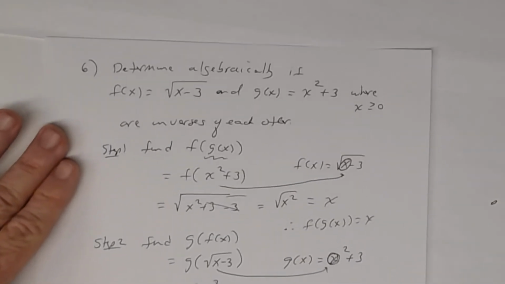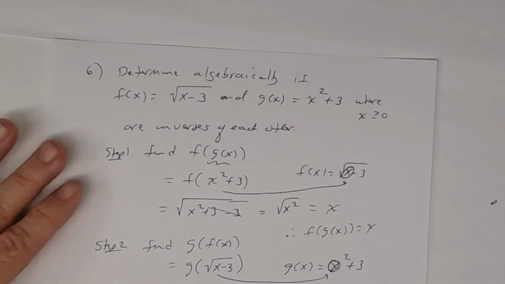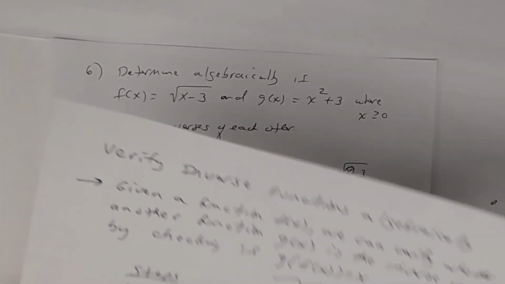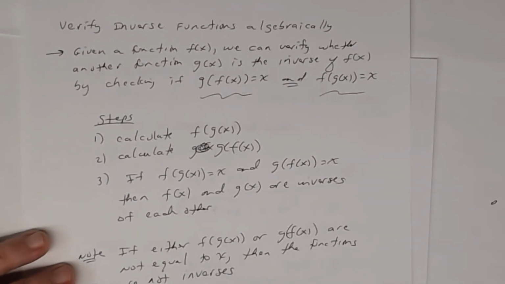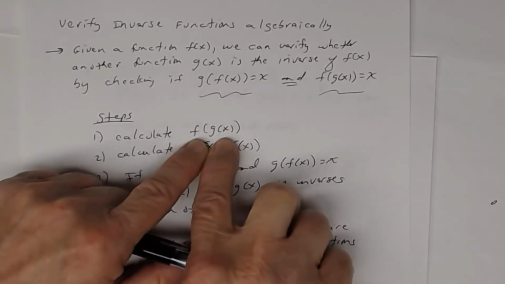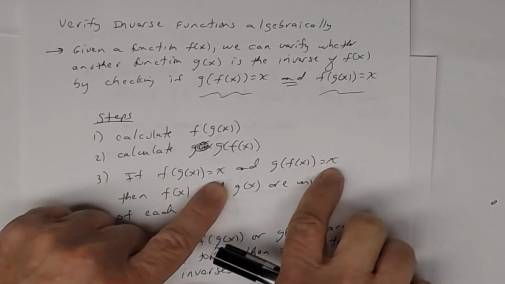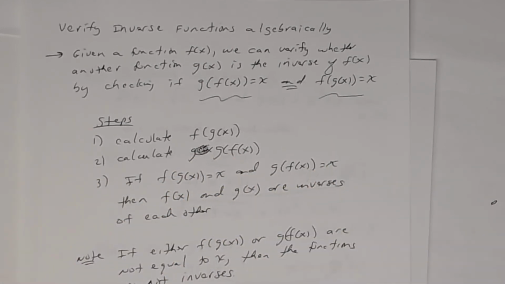But every other problem was fairly simple to do. It's just you remembering that to find if two functions are inverses of each other, you're going to have to find f of g of x, g of f of x, and show that they're both equal to x. And that's it. All right, so that's the end of this lesson.